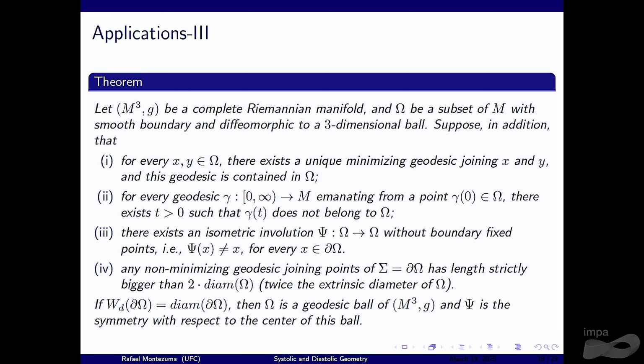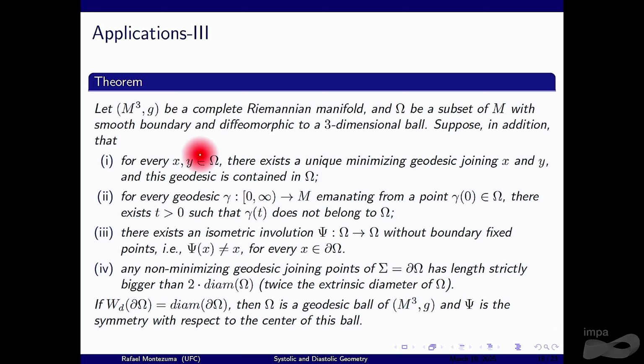So the result says that you have something similar if you assume that you have a sphere which bounds a small region in a Riemannian 3-manifold. Let me read this with you. You have a three-dimensional object, and omega is a region diffeomorphic to a 3-ball.